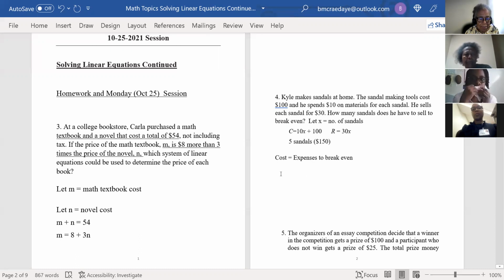So we have 10x plus 100, and that's equal to the revenue, which is 30x.